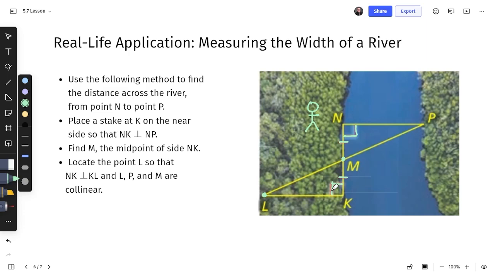So what we have here is an angle and a side, an angle and a side, but we can also use the vertical angles congruence theorem to say that this angle right here is congruent to this angle right here. So we can say angle NMP is congruent to angle KML.